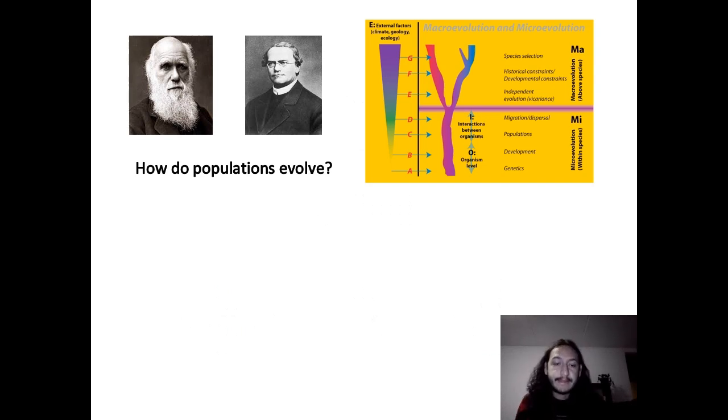So this is basically the end of the population genetics module. I hope you liked it. We went over a bit of how populations evolve on the macroevolutionary scale.